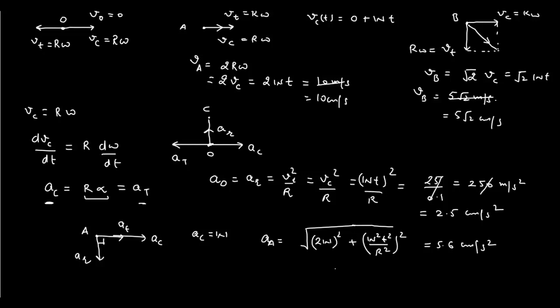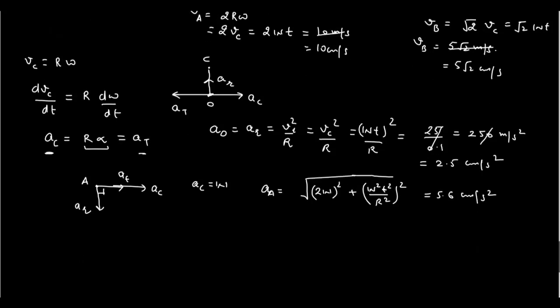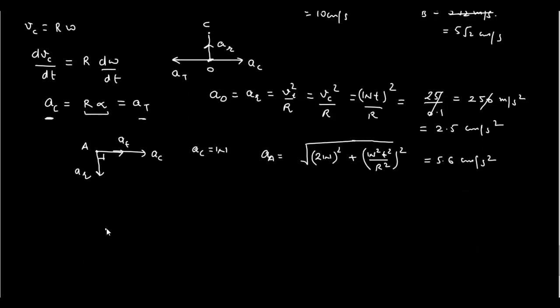Clear? And similarly for point B, this is point B, and here the direction of acceleration of the center of mass is this, the direction of tangential acceleration is this, and the direction of radial acceleration is this.